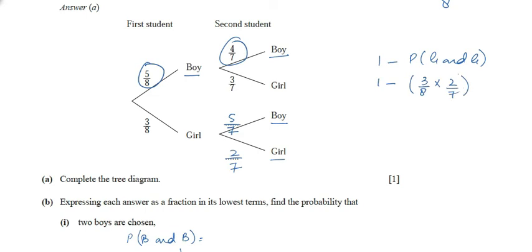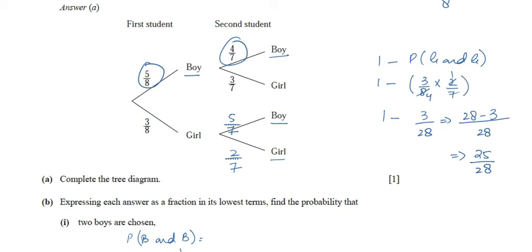Now when we simplify this, 2 fours are 8, so 1 minus 3 upon 4 times 7, which is 28. Now when we take the LCM, it is 28. So 28 minus 3, and the final answer will be 25 upon 28. We cannot simplify it more because 25 cannot come in the table of either 2 or 4.